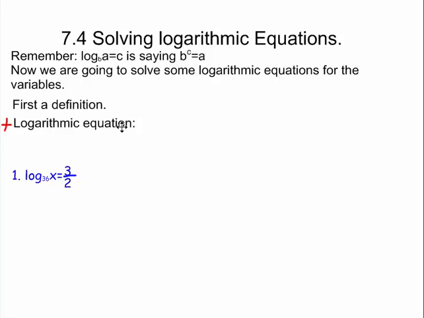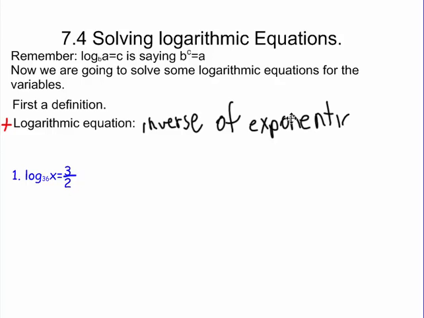First, let's have a definition. A logarithmic equation, we've kind of already talked about that, is the inverse of an exponential equation. Be aware of that. Inverse of exponential equation.